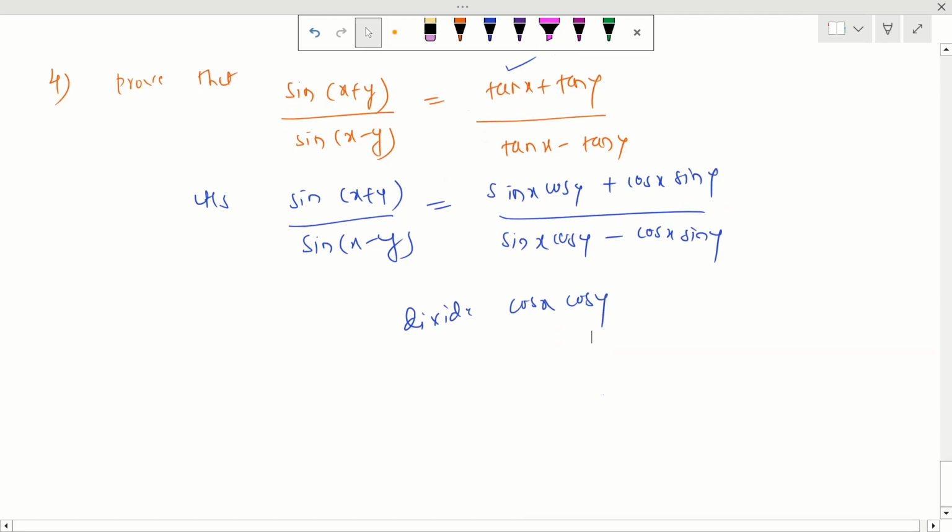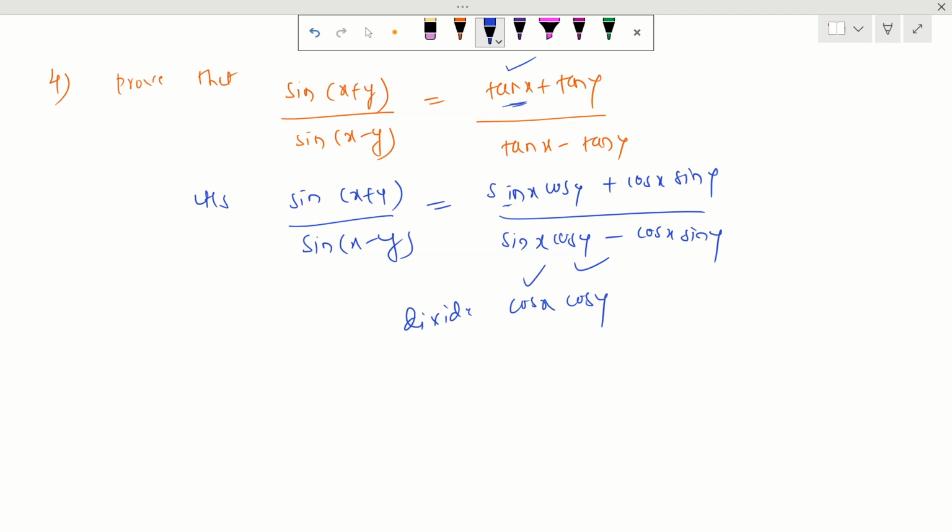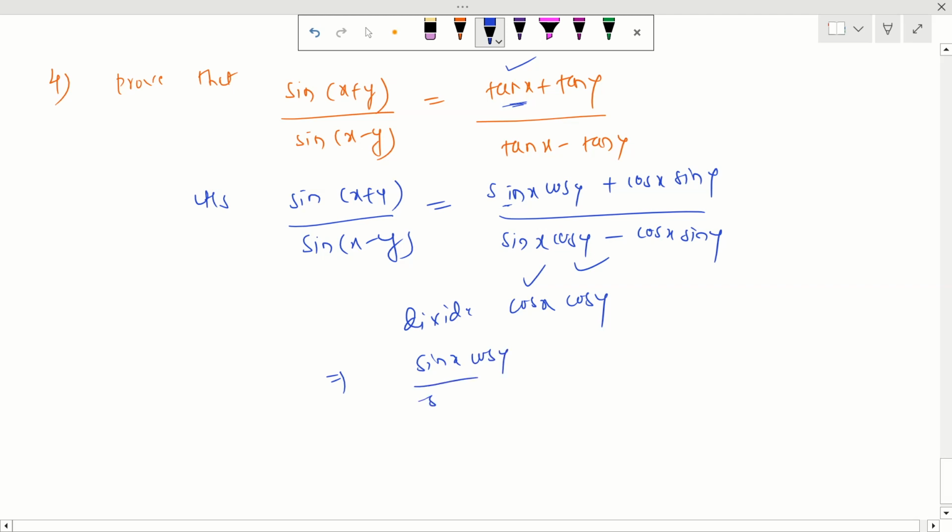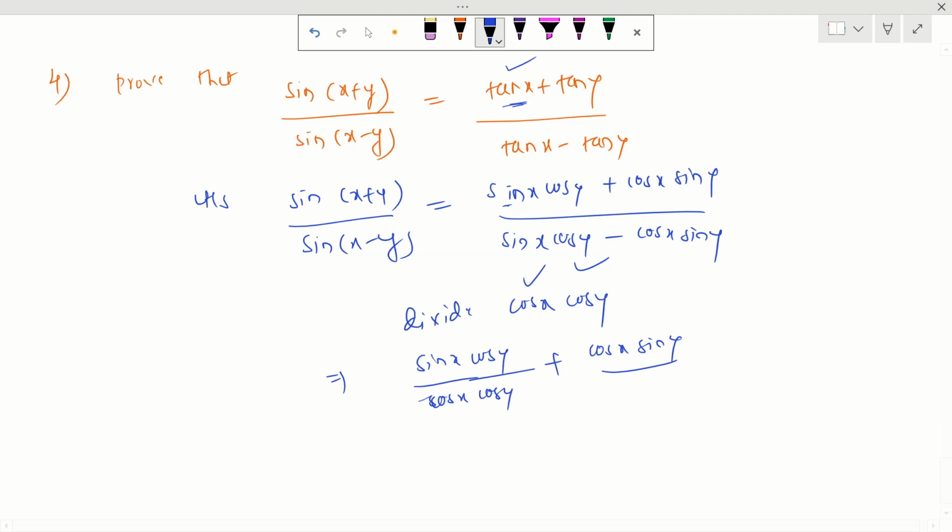So sin x cos y divided by cos x cos y, plus cos x sin y divided by cos x cos y.